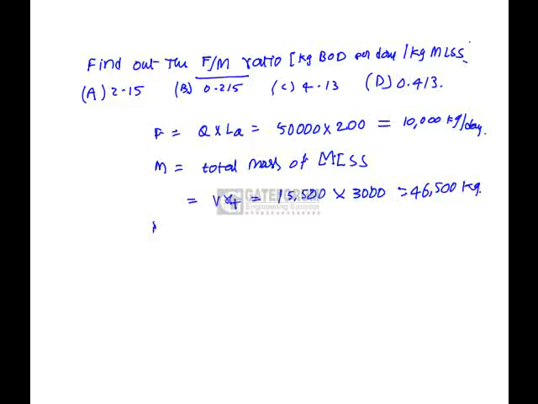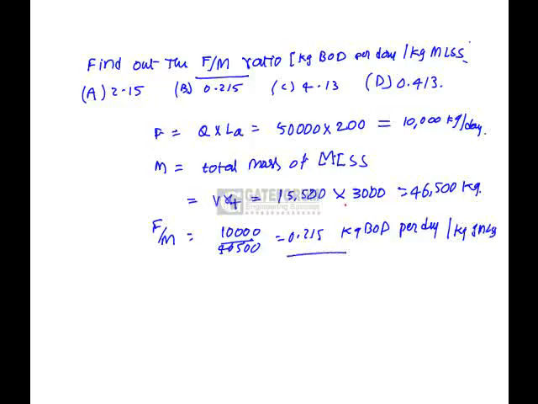So F by M ratio is equal to 10,000 divided by 46,500, that is 0.215 kg BOD per day per kg of MLSS. So 0.215, option B is correct.